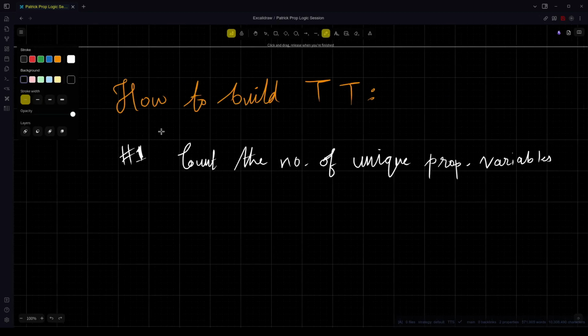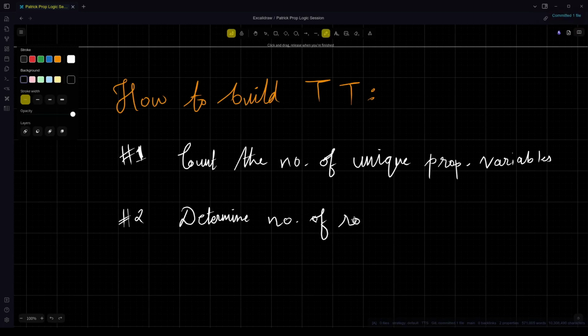The second step will be to determine the number of rows. For this we will apply the formula that we learned earlier.